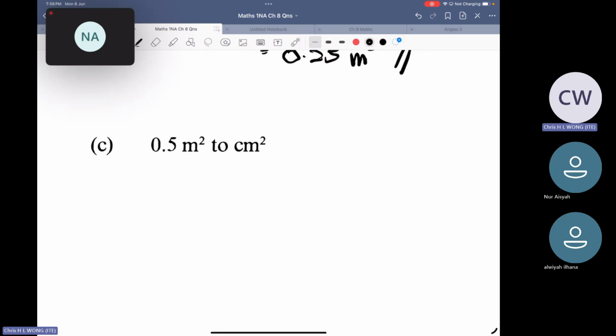1 meter square, how many cm square? Do your conversion. Okay, Mandy.